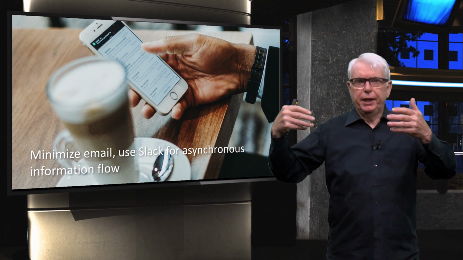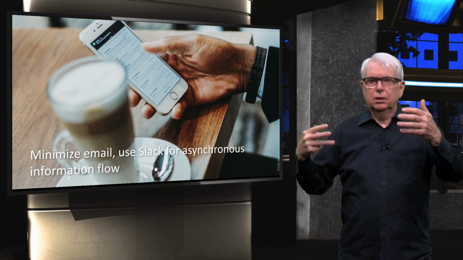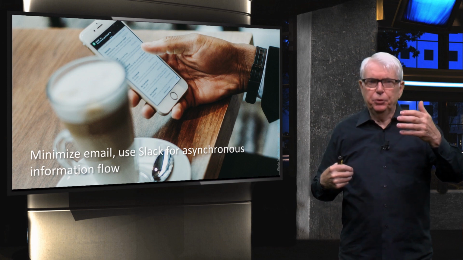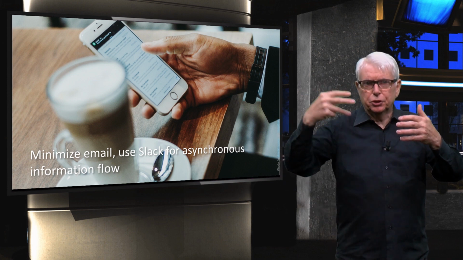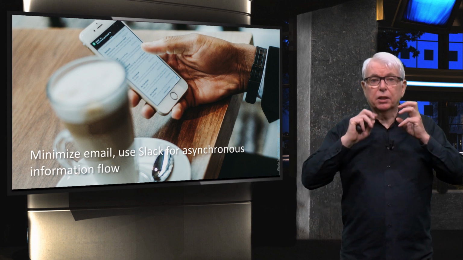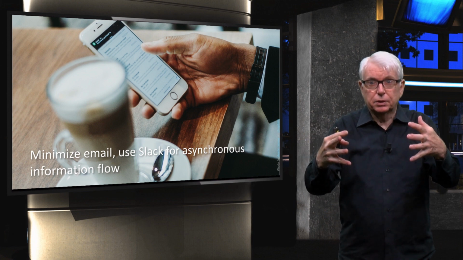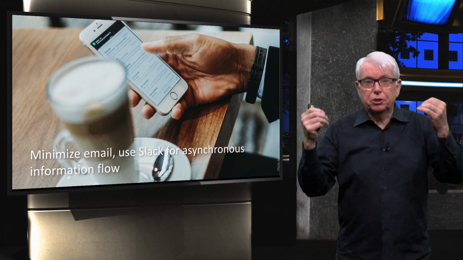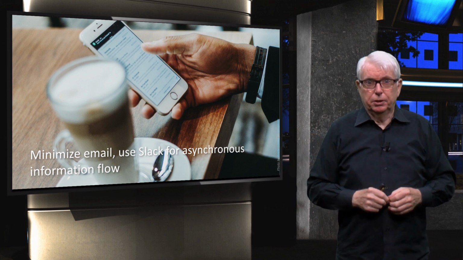And for any asynchronous communication, you want a tool like Slack or FlowDoc is what we would use, a tool where teams can have a steady stream of asynchronous communication so they know where they are. And anytime they want to talk in real time to one another, they go to video. Okay? This is really critical to get high performance out of Scrum teams.